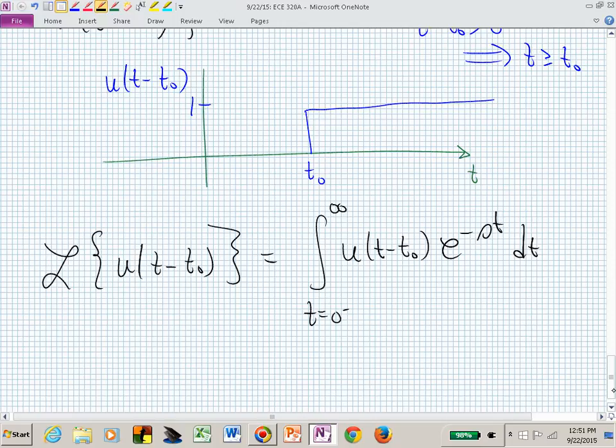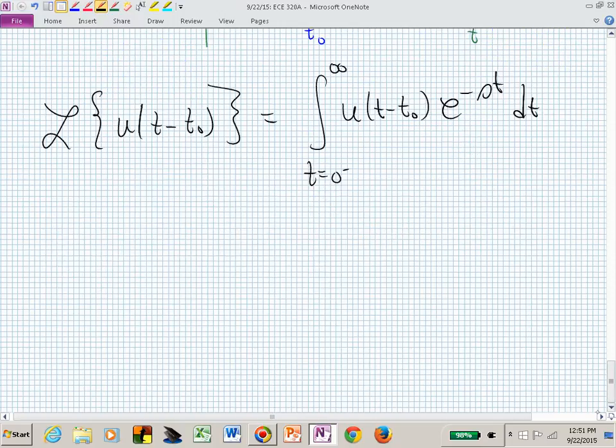That doesn't quite look like our earlier integral because now we don't have u of t, we have u of t minus t naught. But you remember your calculus, you can force things to look like they did before. Suppose we define a new variable tau that's the argument of u.